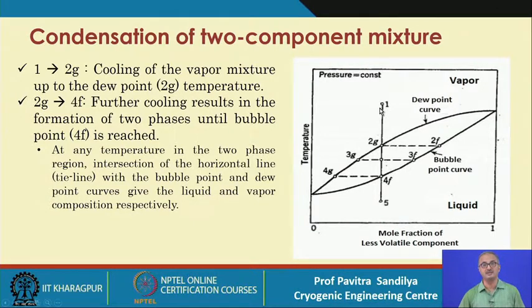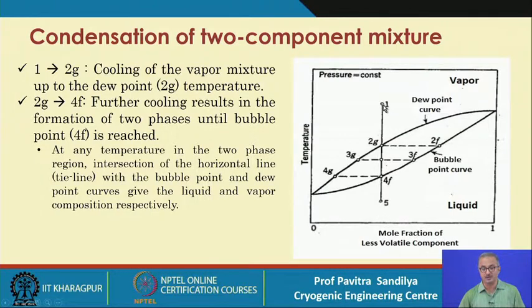Now let us consider how the phase changes when we start from a vapor state. Point 1 represents the vapor state at some temperature, and this is above the dew point curve, so this is a superheated vapor state. Now as we lower the temperature at a given overall composition, if you come straight down, the overall composition remains the same.